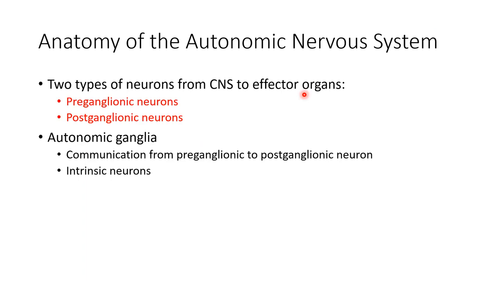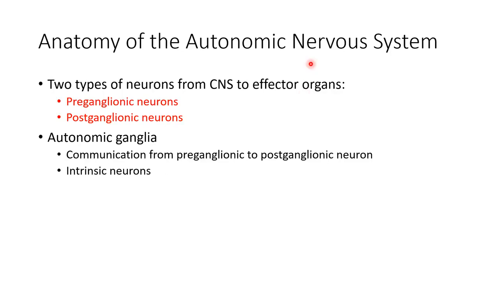In the autonomic nervous system, it's specifically known as an autonomic ganglia, and there's really no functional difference between this synapse and any other type of synapse. It's just that the location of the soma and cell bodies is not where they normally are, which is in the brain and spinal cord, the central nervous system.